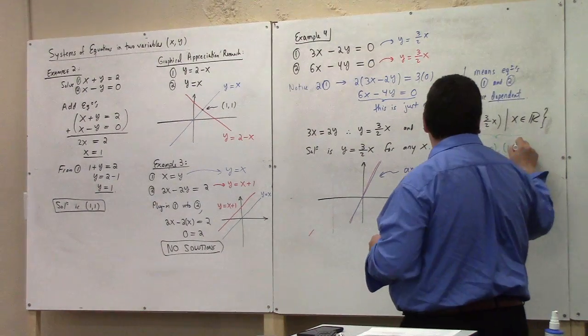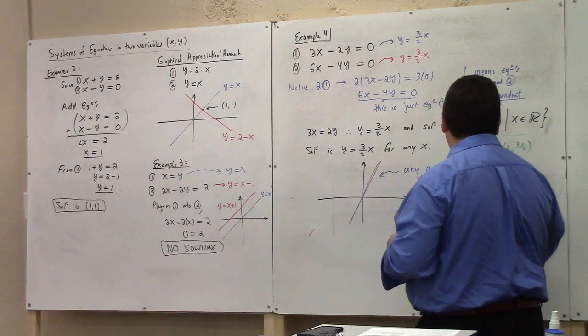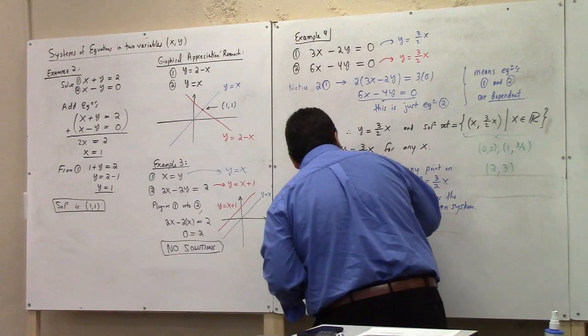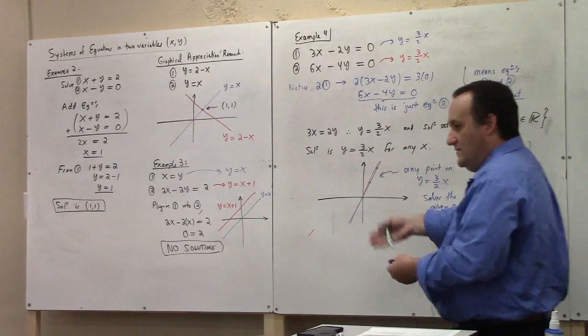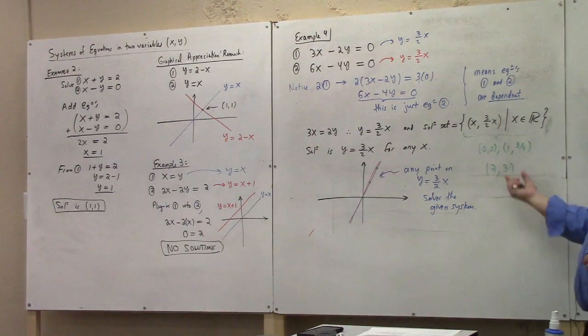Yeah, 3/2. If we put in x equals 2, you get y equals 3. My point is, you can start listing as many points as you like, and just keep listing them and listing them. When you plug those into the equation, they work, right?